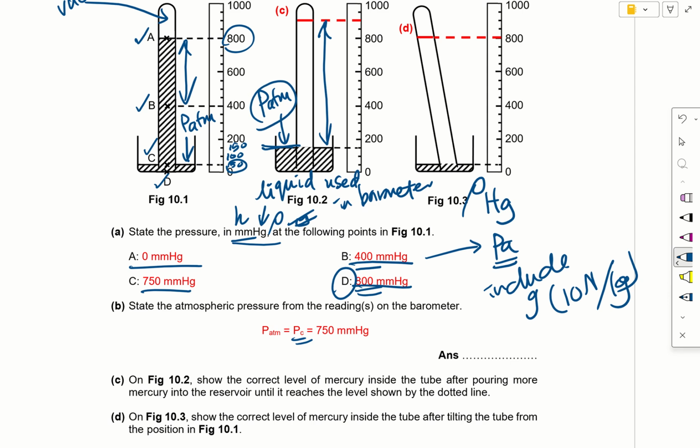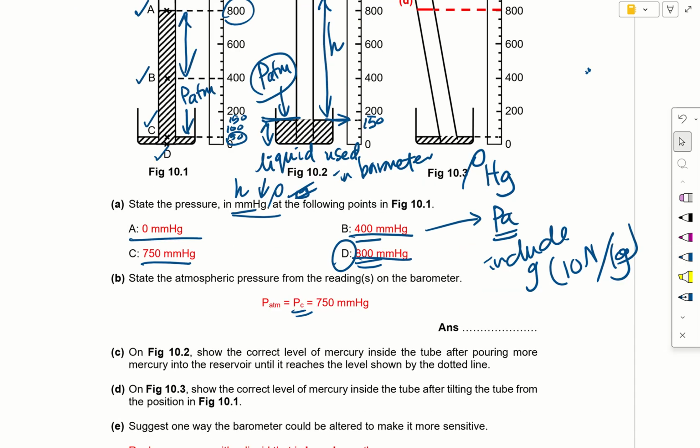What has changed from figure 10.1 to 10.2 is that more mercury is filled, and therefore this level goes up. So I must be able to get 750 for this height. We started off at 150, this is the level here, so I need to add the 750 for the atmospheric pressure. So in the end, I ended up at 900.